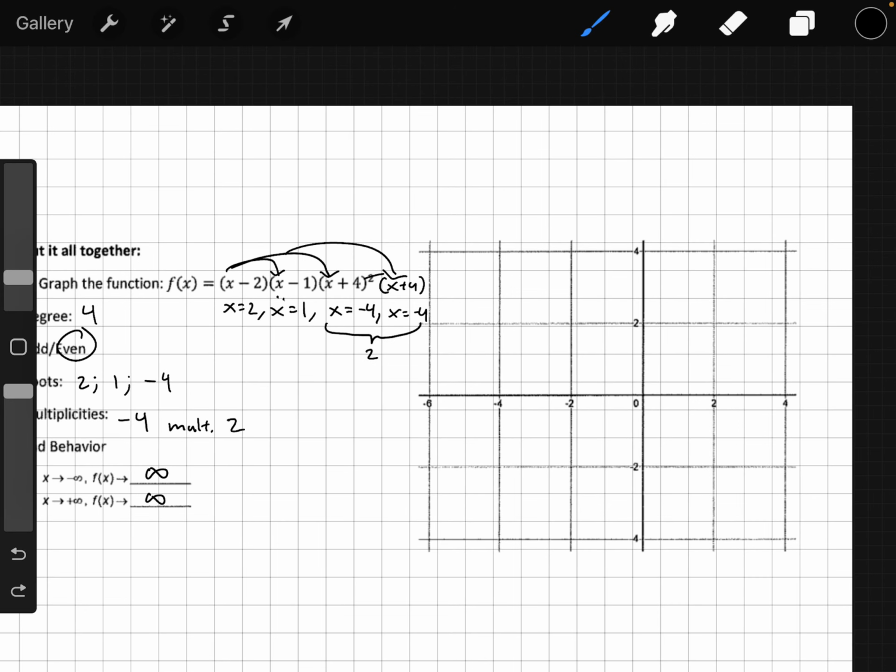So we'll plot our roots at 2, 1, and negative 4. So we know that the general end behavior will look like this. So we'll start it here, and because the root of negative 4 has a multiplicity of 2, it's going to bounce here, and we know it has to come back down through the root of 1, then it'll go back up through the root of 2.